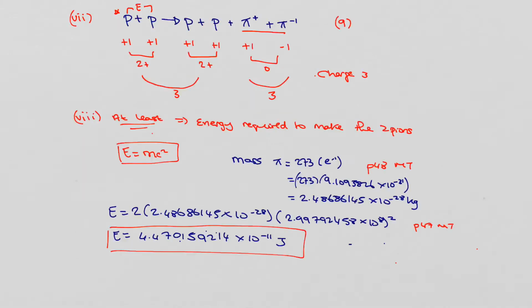To get into electron volts, we again need to go to page 46 of our maths tables. We take that energy, 4.470159214 by 10 to the power of minus 11, and divide it by the charge on the electron, 1.602176653 by 10 to the power of minus 19.